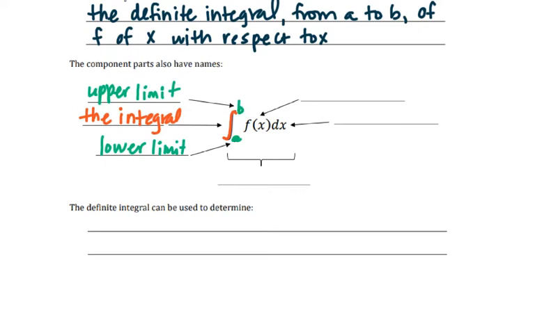So from A to B. We refer to the function we're integrating as the integrand, which to be fair, don't really say that very often, but if you were curious, that's what this particular part is called. And then the dx is the variable of integration, or with respect to.